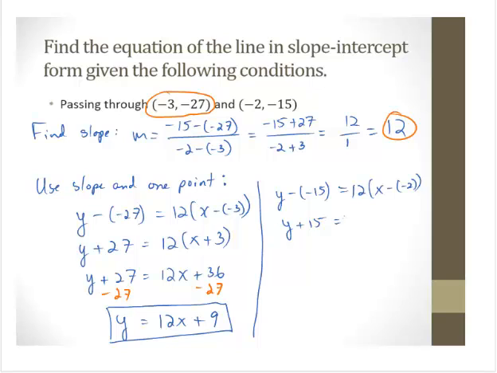So y plus 15 is 12 by x plus 2. Applying the distributive property, y plus 15 is 12x plus 24. And subtracting 15 from both sides, y again is 12x plus 9. Alright, so as long as we find the slope correctly, it doesn't matter which of the 2 points we use in that point-slope form.